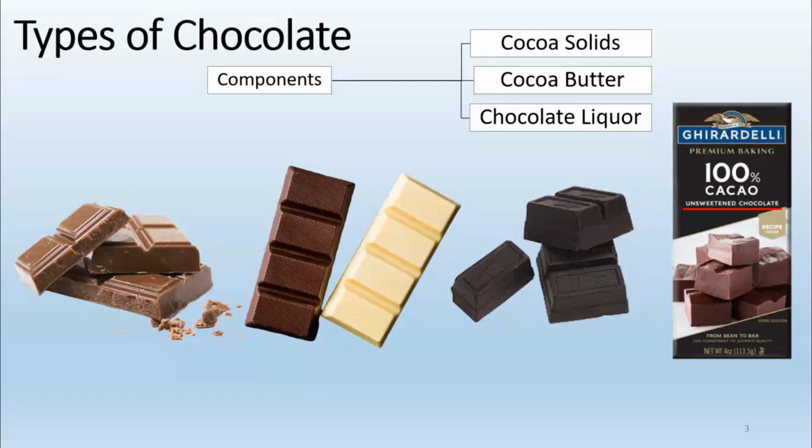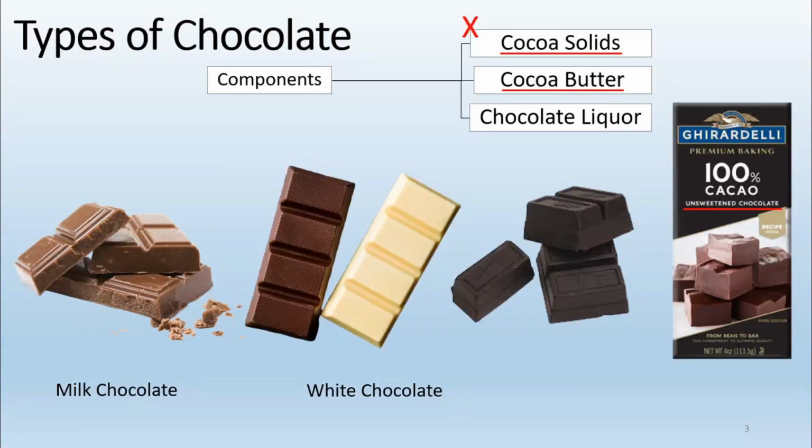And if I specifically talk about the first one, the milk chocolate, it is mainly made up of cocoa solids and obviously milk, as its name suggests. And then the white variety is mainly made up of cocoa butter and does not contain any cocoa solid. That's why its appearance is white.